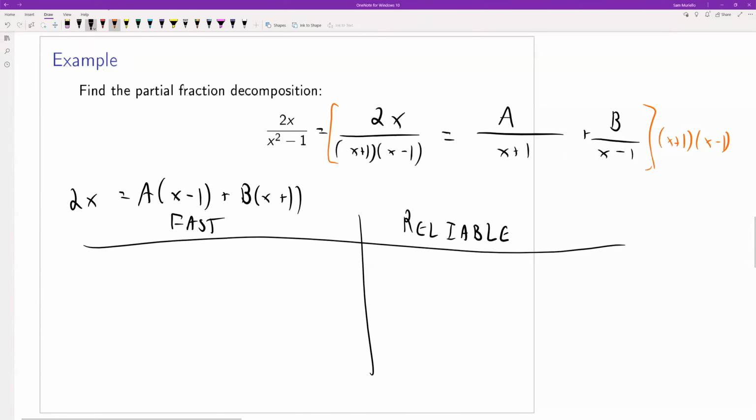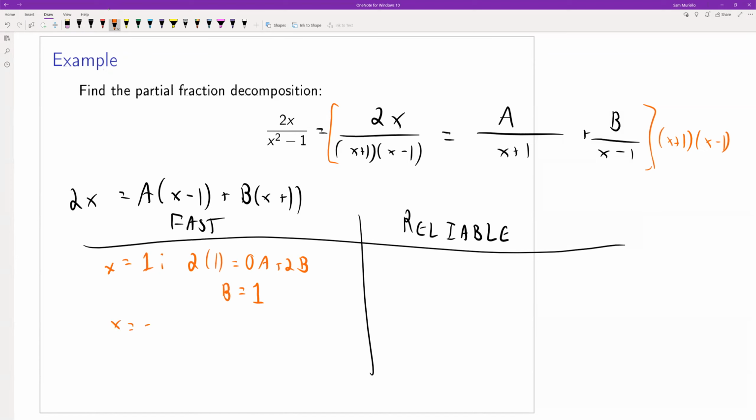For the fast way, you're going to plug in numbers for x. You want to pick numbers that will cancel out some of these capital letters A and B. So let's try, for example, x equals 1. This gives us 2 times 1 is equal to 0a plus 2b. In other words, b is equal to 1.